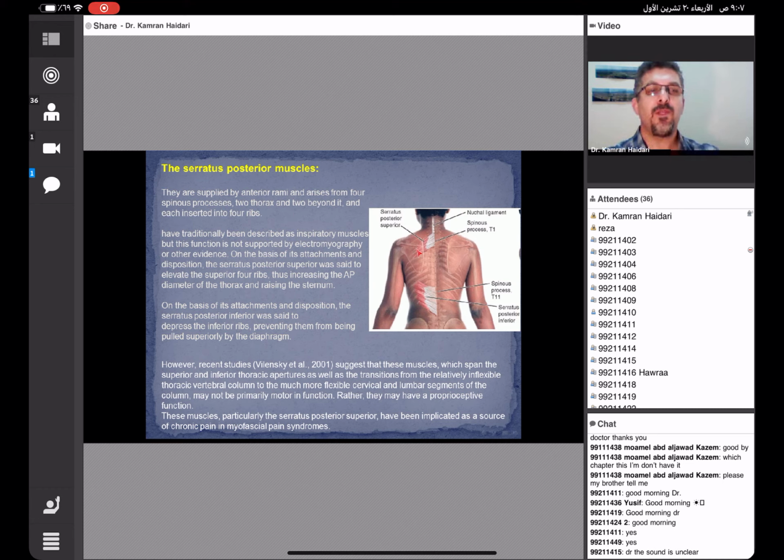On the contrary, during respiration, breathing in, serratus posterior superior contracts. During breathing out, serratus posterior inferior contracts, fixing the lower ribs.